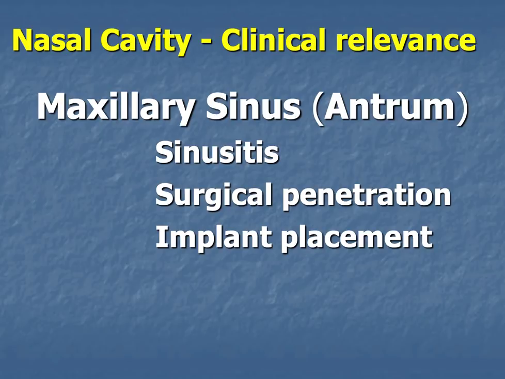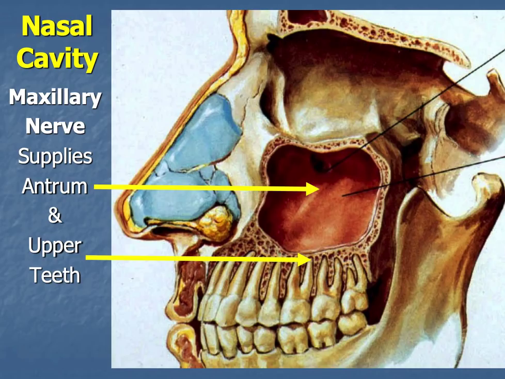So I just want to finish with a couple of slides, particularly to remind you, because you are going to see patients like this or friends and family who've had this. You may even have had this yourself. The maxillary air sinus sits extremely close to the roots of the maxillary teeth. In fact, sometimes the roots of these maxillary teeth point through into the maxillary air sinus.